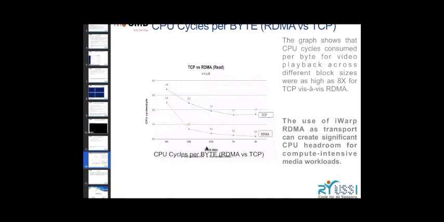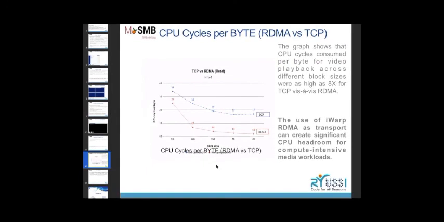What we could see is that the CPU cycles per byte were almost 8 times as high for TCP versus RDMA. What this led us to conclude was that the use of iWARP RDMA as transport can create significant CPU headroom for compute intensive media workloads. And that is a key advantage of using RDMA over TCP.